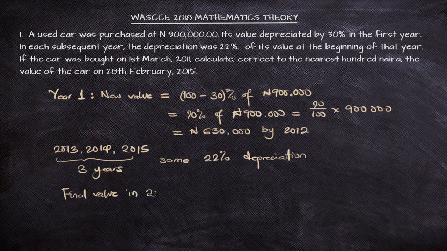after this period that elapsed, that is the final value by February 2015, is going to be now 100 minus 22% of the value at the start year, which is 630,000. But remember, we are looking at 3 years here, so we are going to raise that percentage to the power of 3, representing the 3 years.